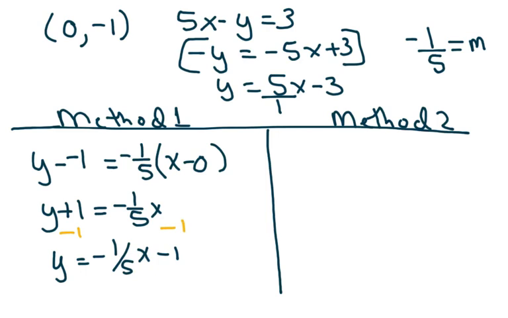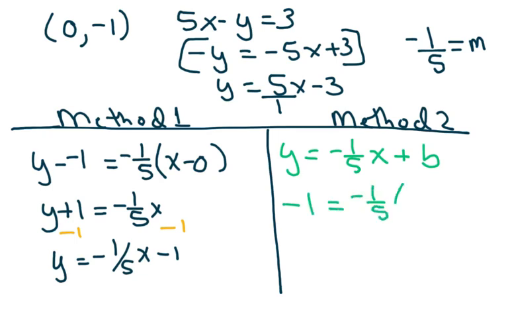Method 2, I'm going to write y equals negative 1/5 x plus b, and I'm going to plug in my y and my 0 here, my x. So this gives me negative 1 equals 0 plus b.